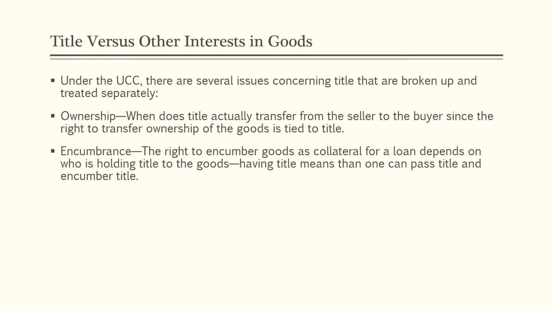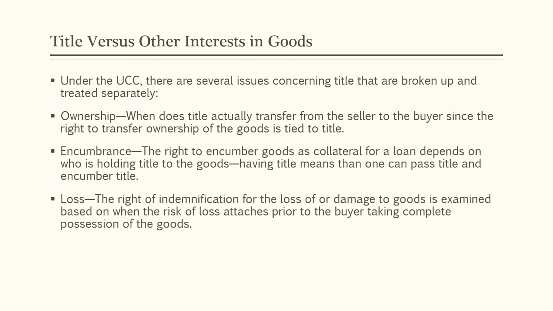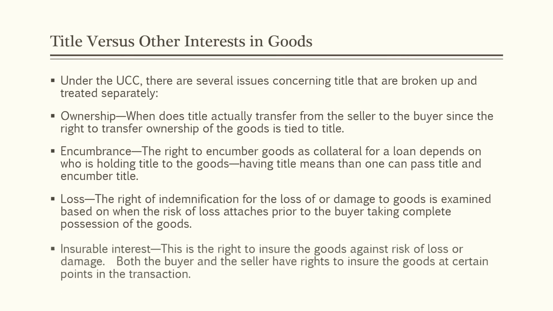The right to encumber goods as collateral for a loan depends on who is holding title to the goods. Having title means that one can pass title and encumber title. Then there is loss. The right of indemnification for the loss of or damage to goods is examined based on when the risk of loss attaches prior to the buyer taking complete possession of the goods.